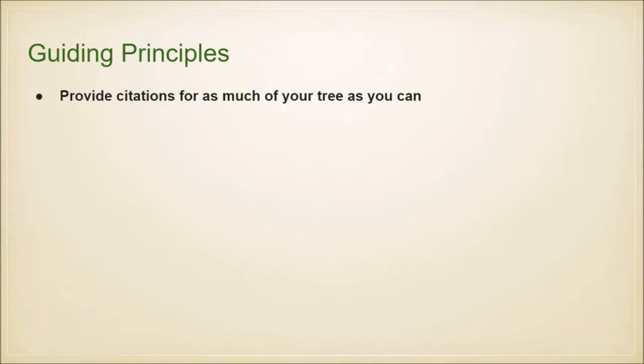So we also want to provide citations for as much of our tree as we can. So we don't just want to provide citations for a few pieces of information here and there. What I like to do and what I would recommend, because Gramps makes this very easy, is that every single piece of information that you enter into your tree that you pulled out of some source, or that you're seeing again in multiple sources, that you attach that source to every piece of information, because that's going to make our research more credible.